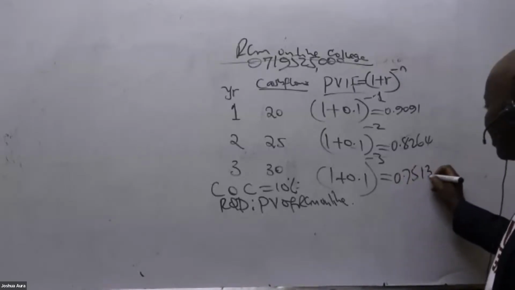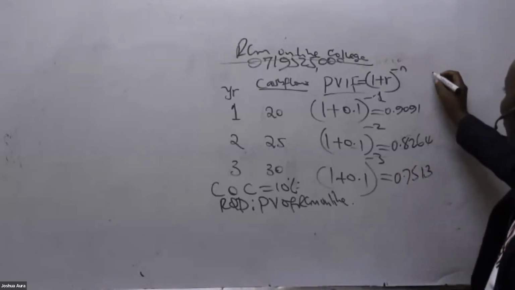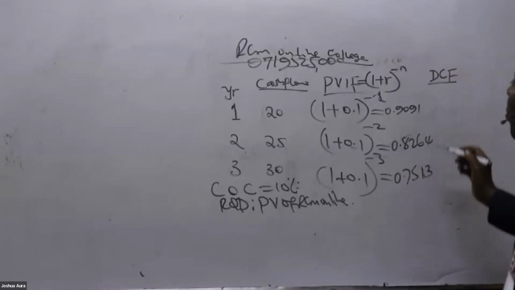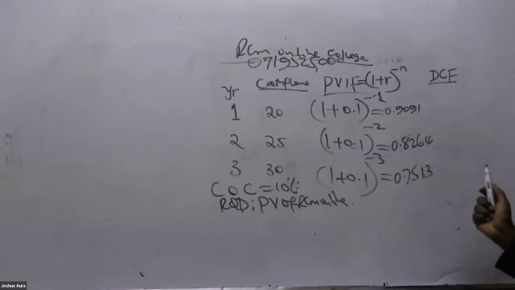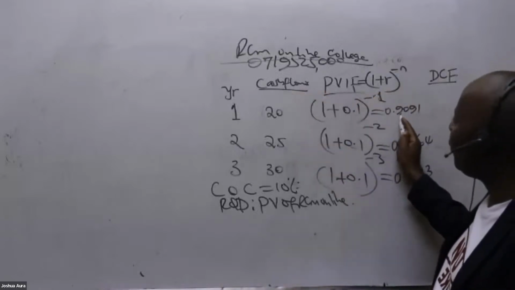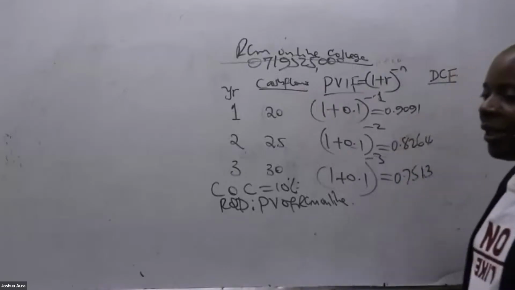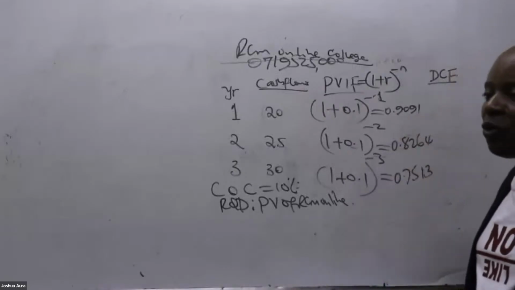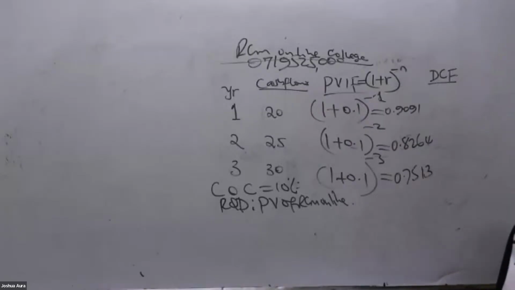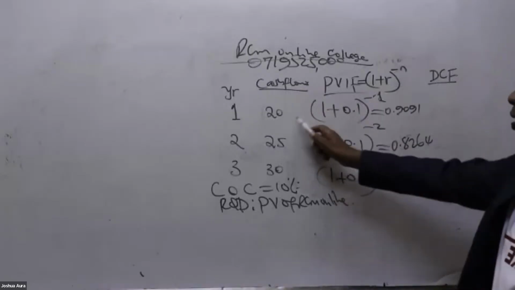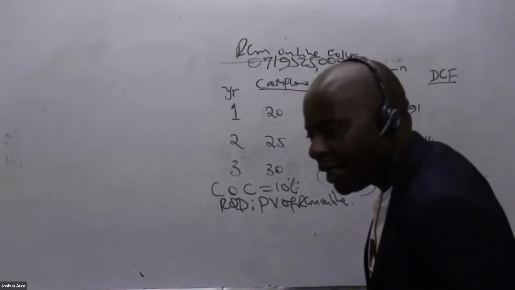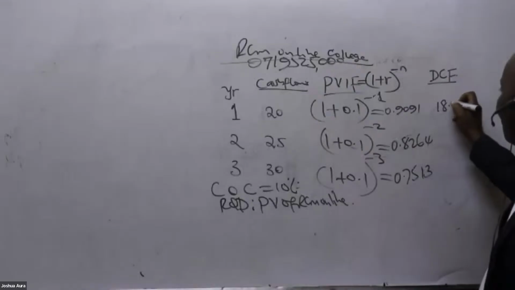Thank you so much. I'm now showing you the practical aspects, which most of you will come and remember Mwalimu after some time. So please give me the discounted cash flows. You take the cash flow multiplied by the discounting factor, the PVIF. You can give it to me in even 2 decimal places. 20 times this, what figure are we getting? 18.19.